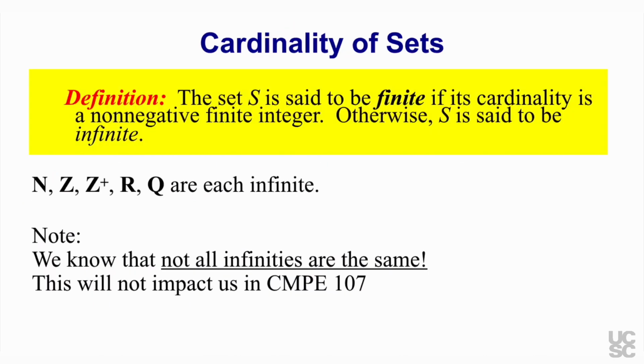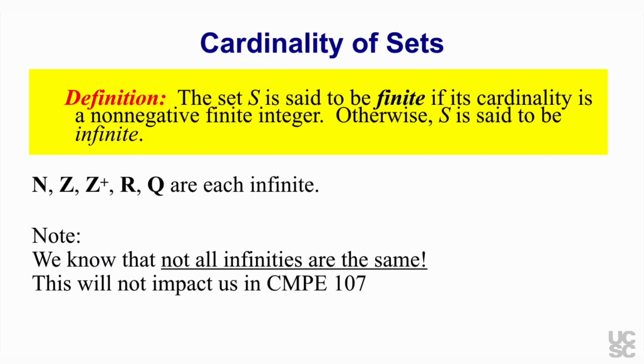Cardinality of sets is also important for our discussion of events. By definition, a set is said to be finite if its cardinality, or the number of elements in the set, is a non-negative finite integer. Otherwise, we say that it is an infinite set. For example, the sets of numbers that we discussed before, starting from the set of natural numbers all the way to the set of irrational numbers, are each infinite. And of course, you remember that not all infinities are the same.